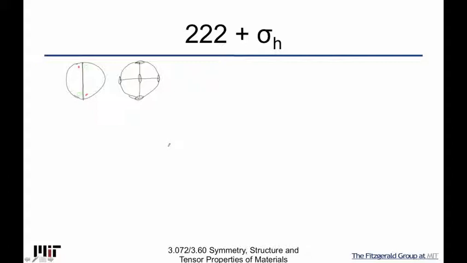So we had twofold axes that are running here and here and then into the plane of the paper. And that's it, actually.